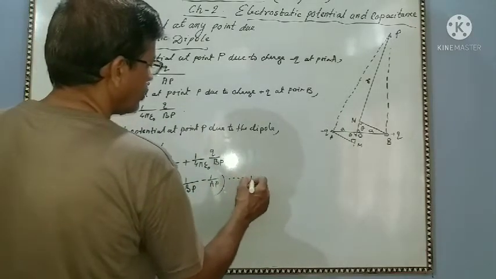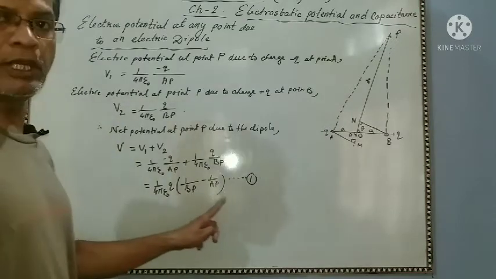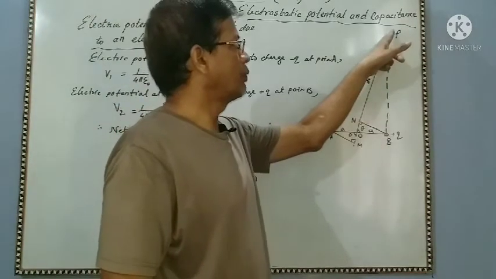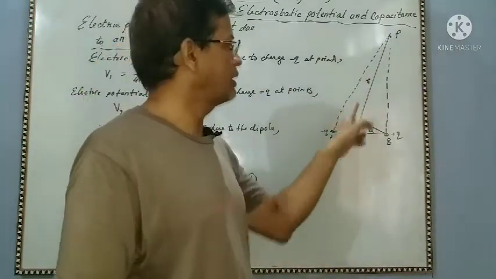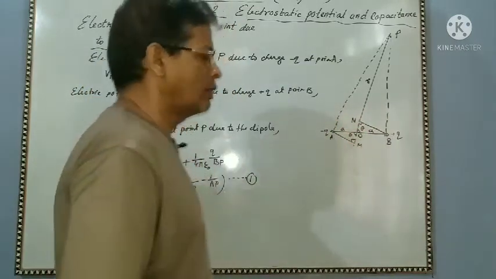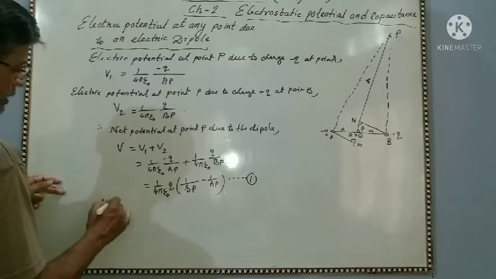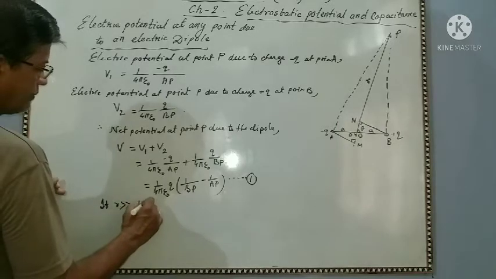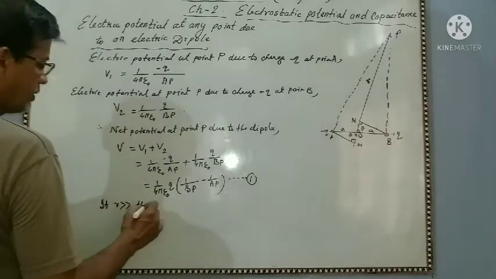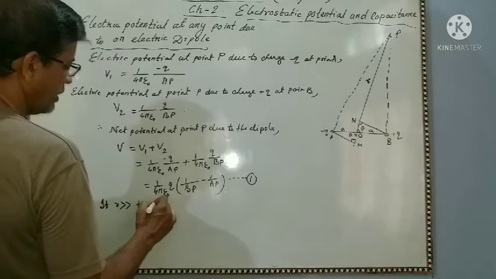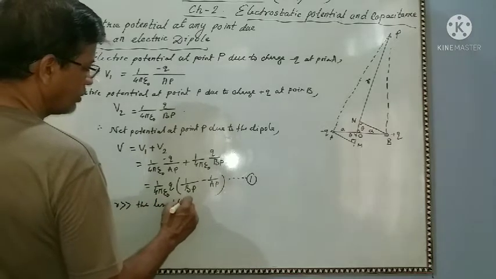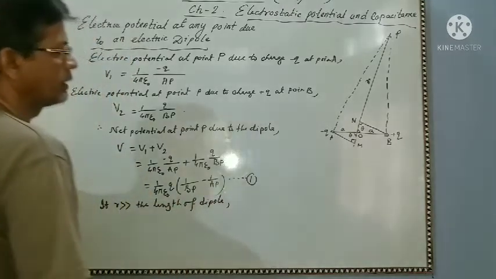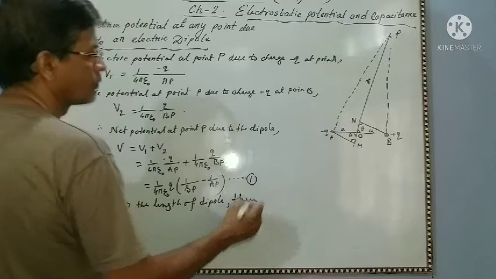Now our aim is to find what BP and AP are. If the distance of point P, r, is very much greater than the length of the dipole, then what will happen?